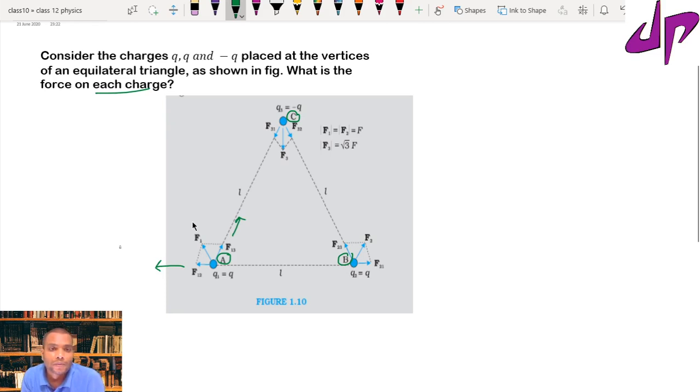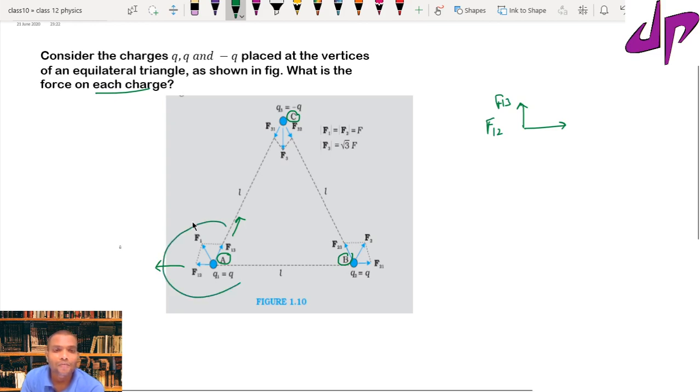Now they are representing that as F12. F12 is along this direction and F13 is along this direction. Now we need to calculate the resultant force at A. So the resultant force due to F12 and F13 is F1. So this is the resultant force F1.